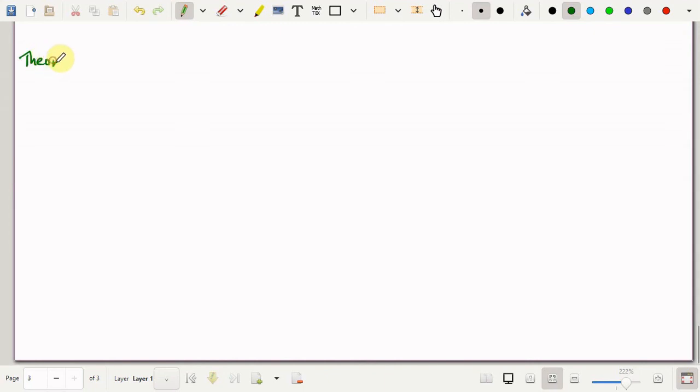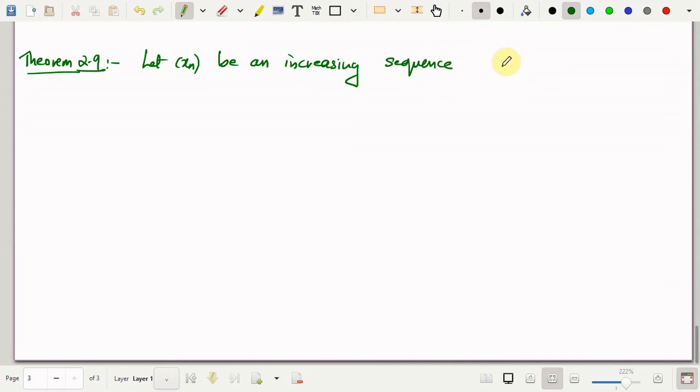In fact, it's the 9th theorem, 2.9. Let xn be an increasing sequence. Then it is convergent if and only if it is bounded, and it is bounded only when it's an increasing sequence.